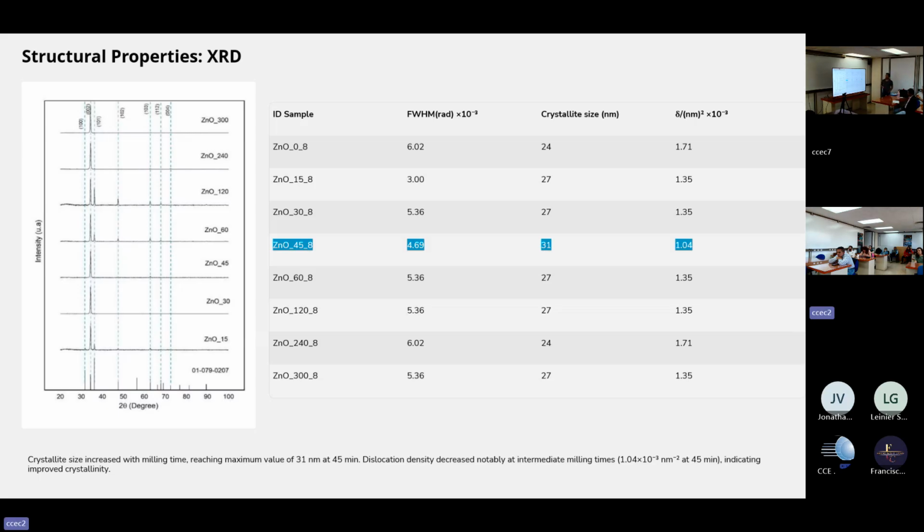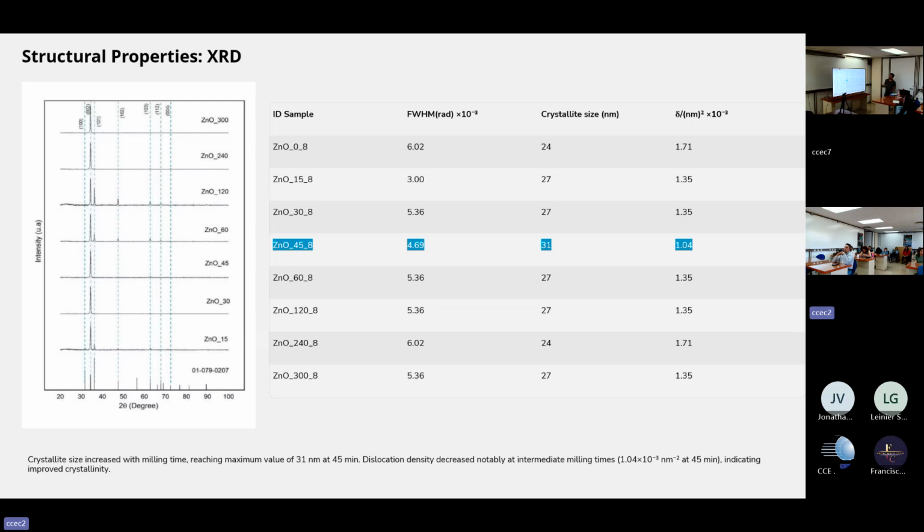Diffraction patterns confirm the wurtzite-type hexagonal structure with a preferential orientation in the 002 plane.